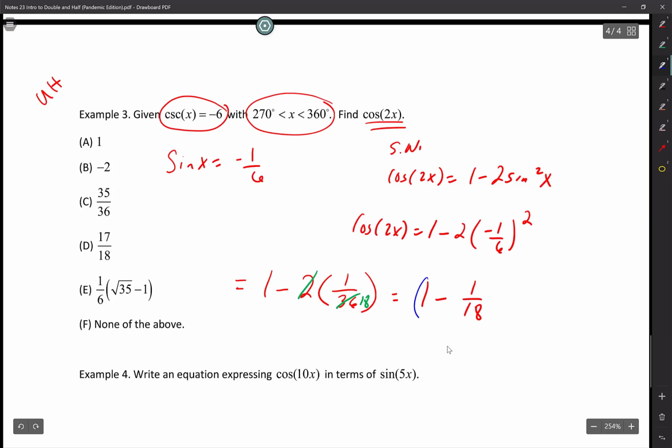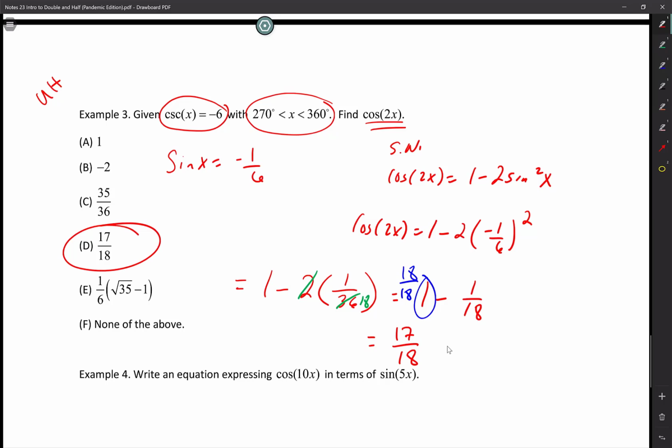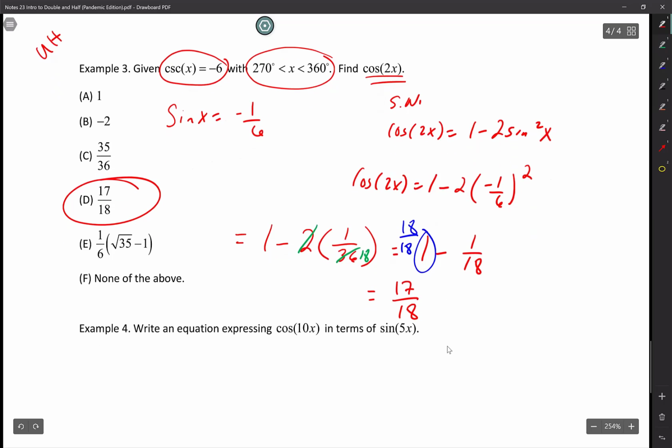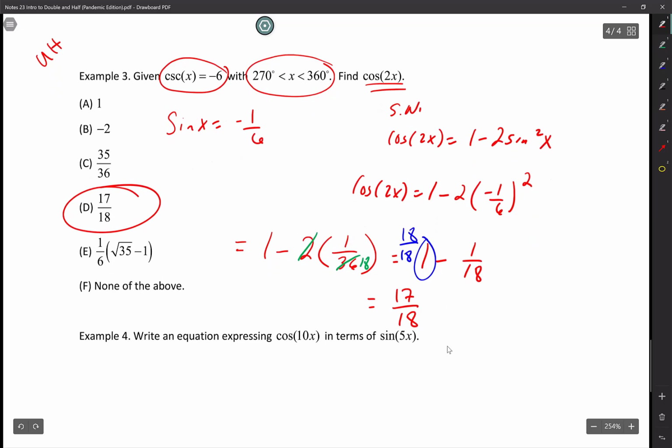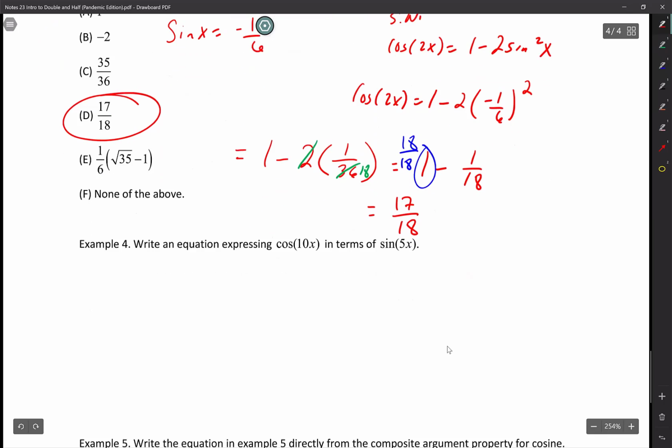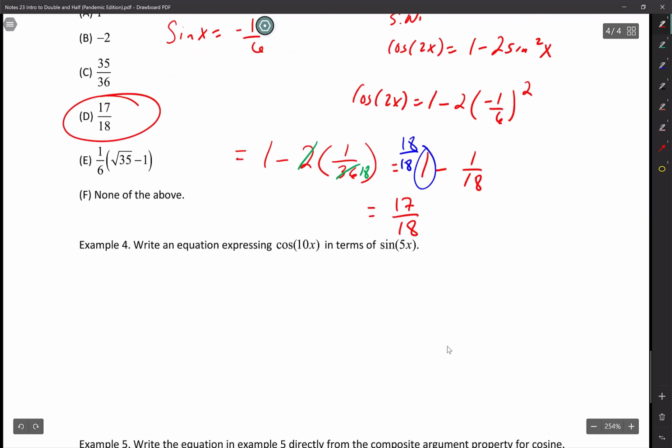Turn that 1 into 18 over 18. 18 minus 1, that's a 17, so 17 over 18. Well, guys, we did it without a calculator. You guys can too. Don't cheat the system. If you're going to use a calculator, just use it for like little multiplication stuff. Don't use it to cheat.